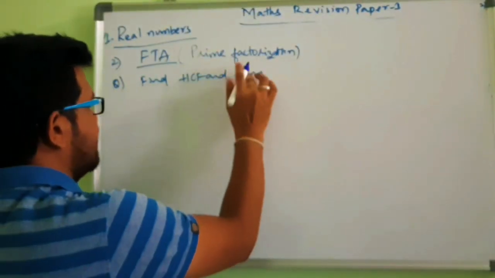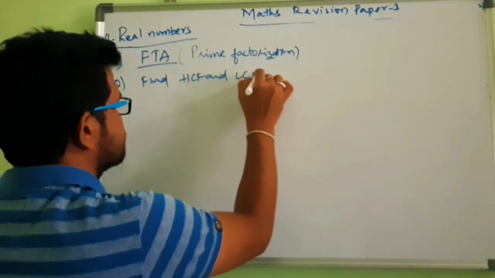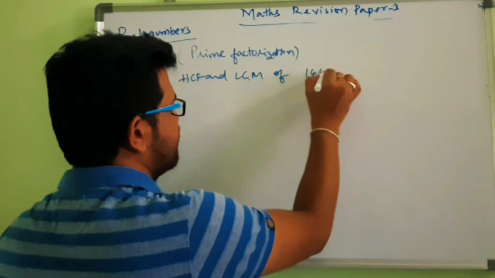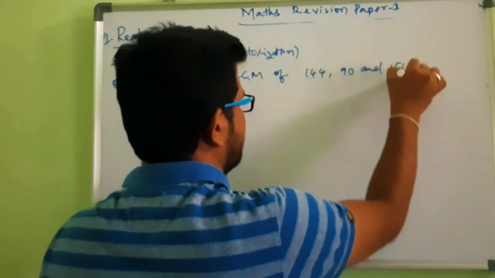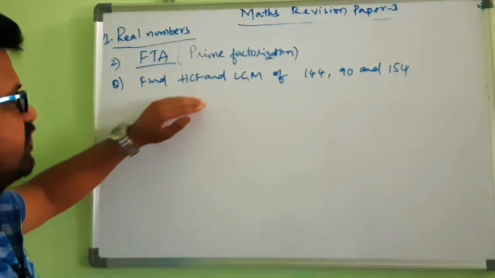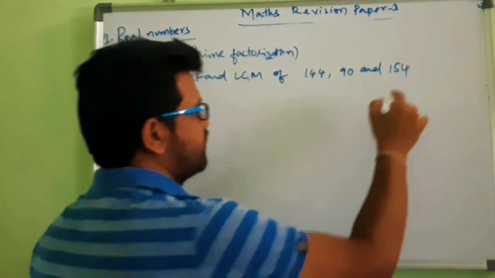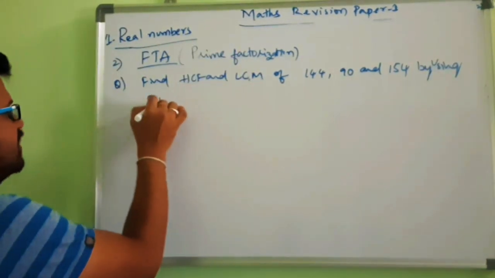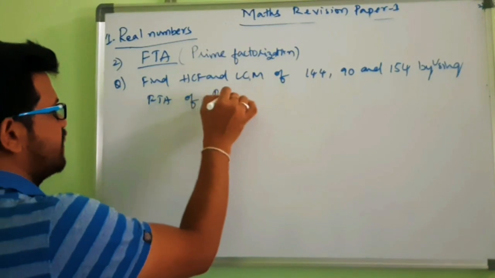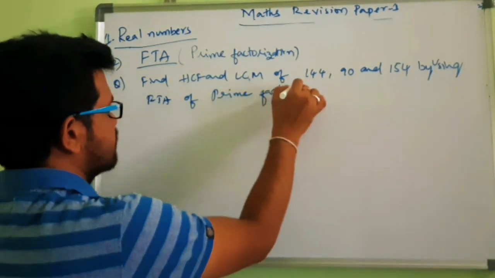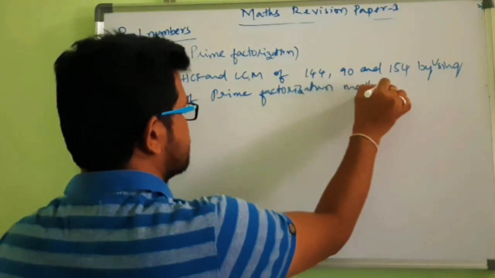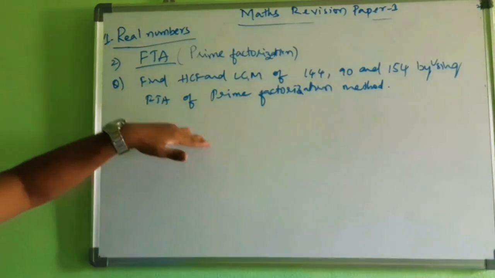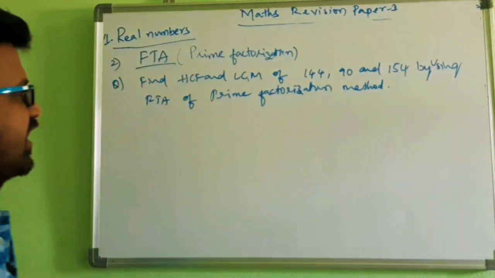For example, the question is like this: find HCF and LCM of 144, 90 and 154 by using fundamental theorem of arithmetic or prime factorization method.